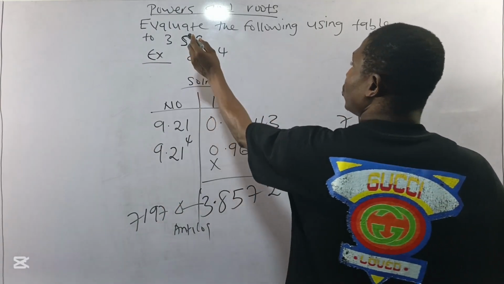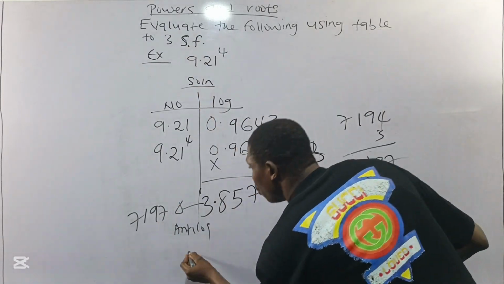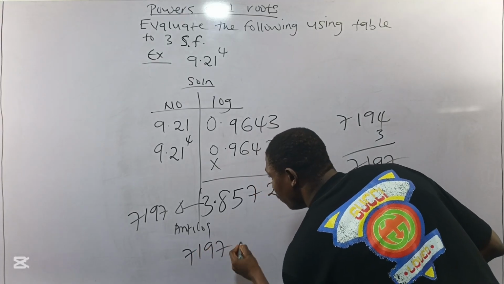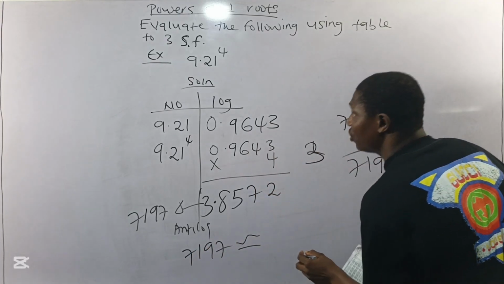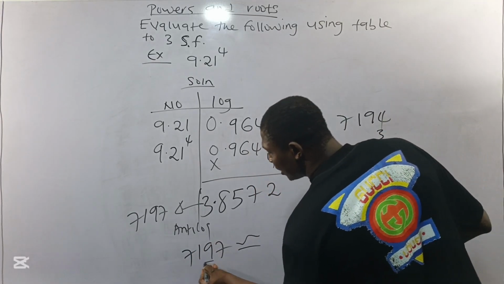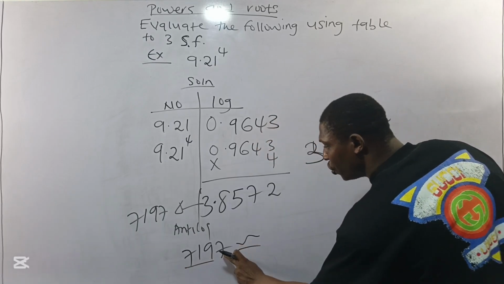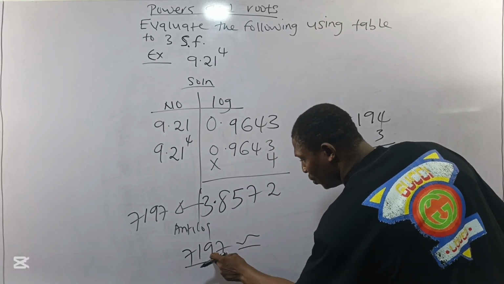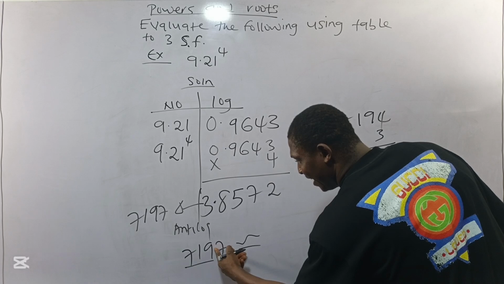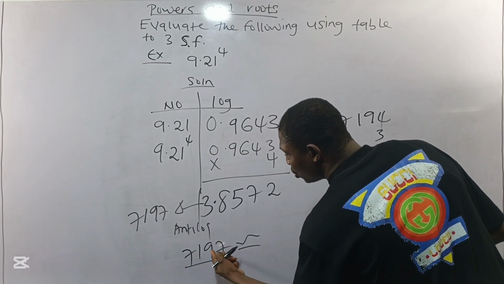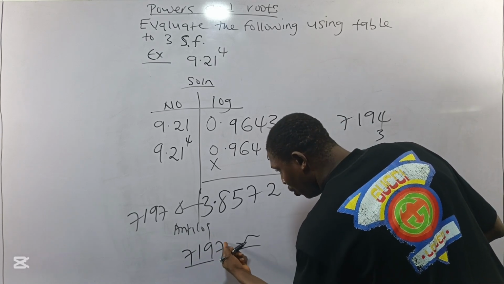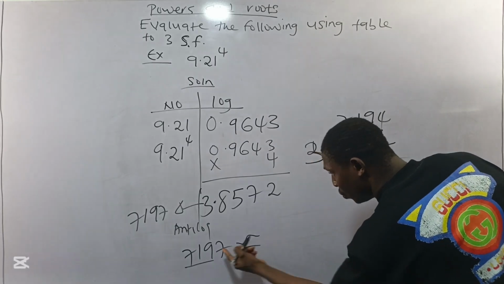Now my question says to 3 significant figures. So I have 7197 as my answer, which is approximated to 3 significant figures. I want to see 3 real numbers. The next digit is more than 4, so I will add 1 to this. If I add 1 to this it becomes 10, and I add 1 again to the other one. So adding 1 to 19 will give me 20.